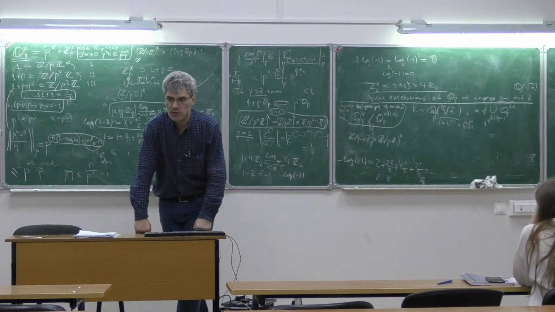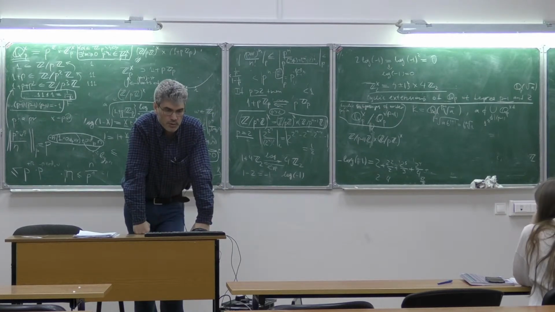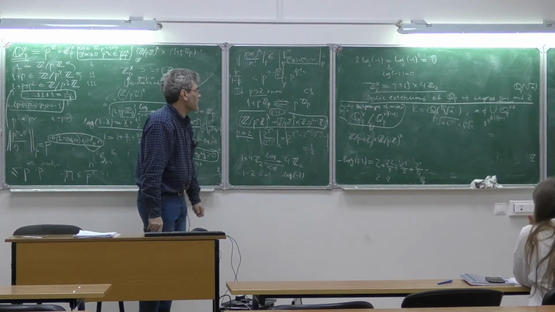Which elements of Z_p or pZ_p are divisible by p minus 1? Well, for example, p to the n minus 1. Okay, and is that the only divisible element? Do you know how to divide by p minus 1?